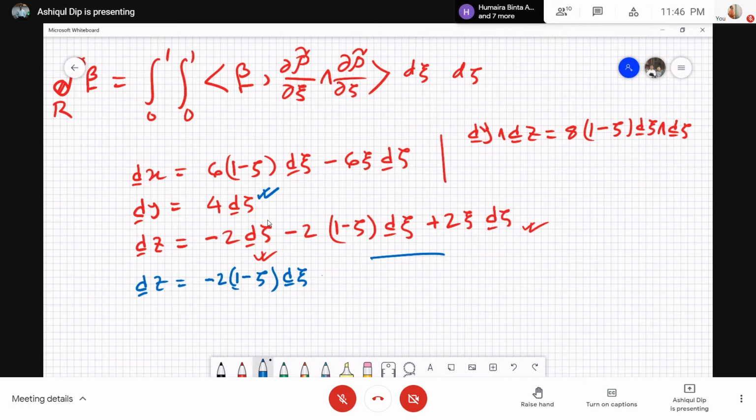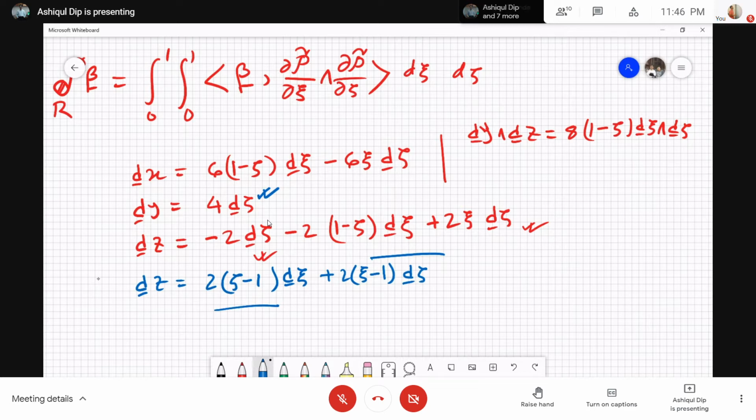This is plus 2(zeta minus 1), and then plus 2(xi minus 1), right? Okay, that's how we can rewrite it. And the only part, when you take the wedge product, dy wedge dz is this term. So this is 8.